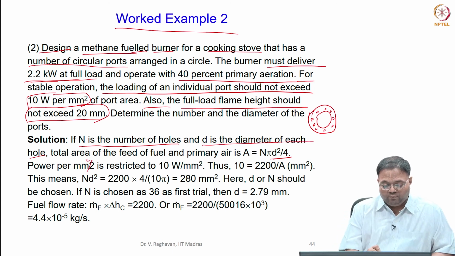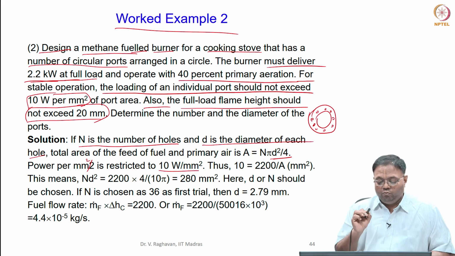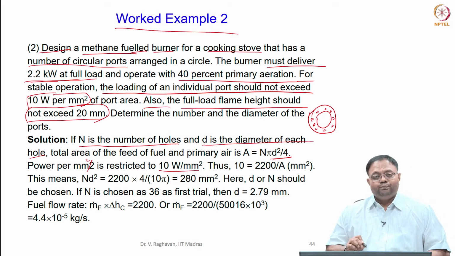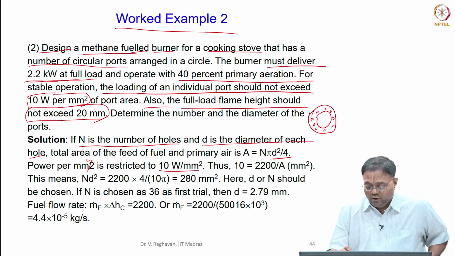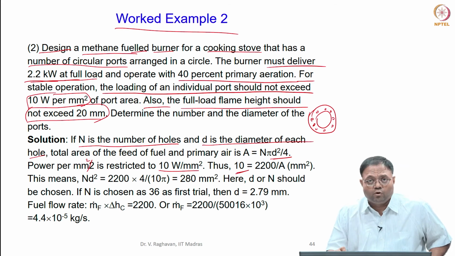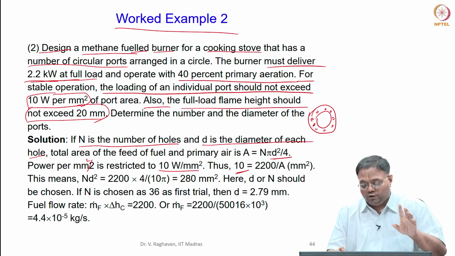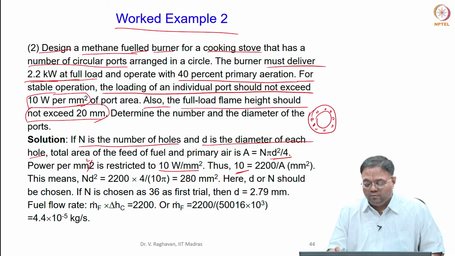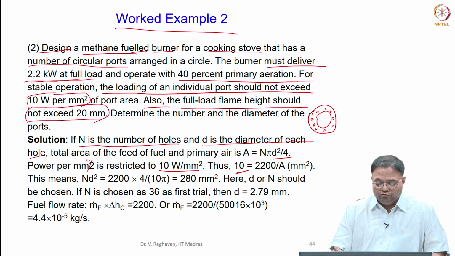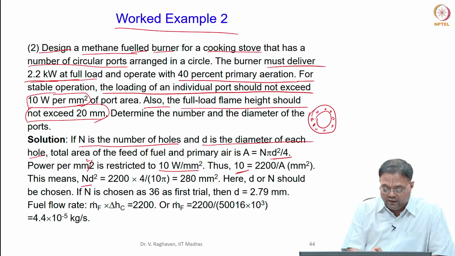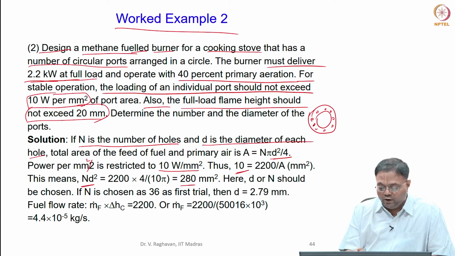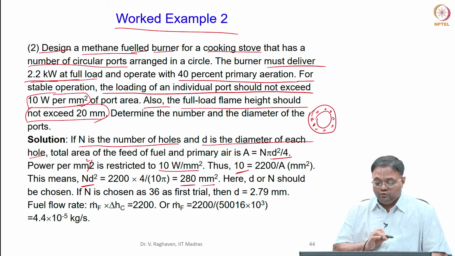So, power per mm square is now restricted to 10 watts per mm square. That means 10 should be equal to 2200, which is the total power in watts, not kilowatts, divided by the area in mm square. So, from this we can calculate that N d square will be equal to 280 mm square.